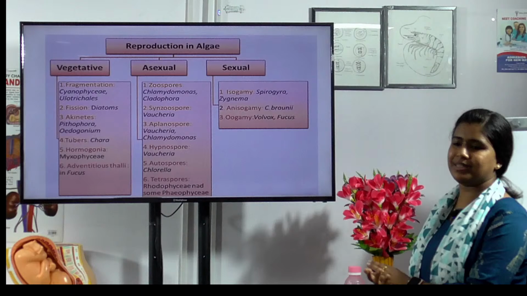The sex organs are differentiated into male and female. The male is antheridia and the female is archegonia, which is flask shaped. Next, fertilization: water is required for the transfer of antherozoids, the male gametes. The antheridia reach the mouth of the archegonia through a film of water only, so the medium of pollination is water.